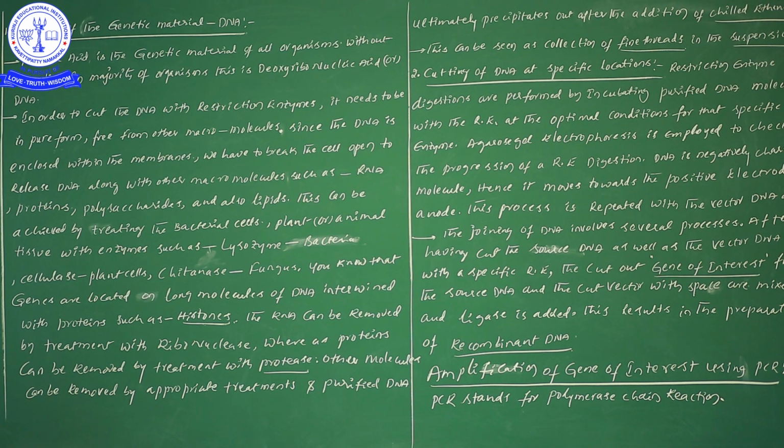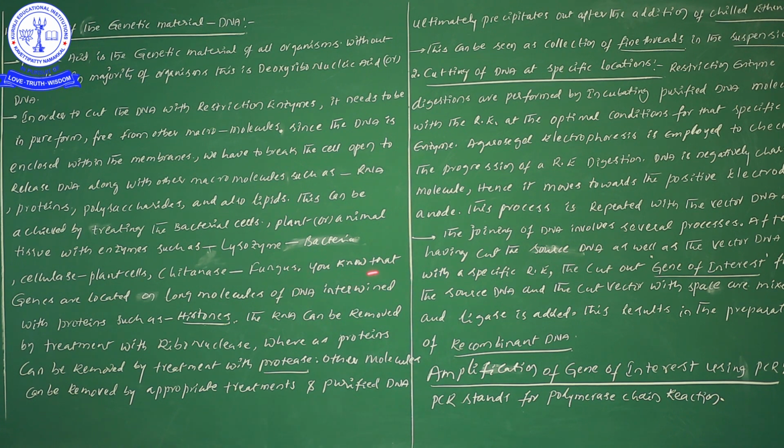When we cut all the cell walls and remove the cells, whatever content is present within the cell will come out. That content consists of macromolecules, and along with the macromolecules, DNA will be there, which is the information.